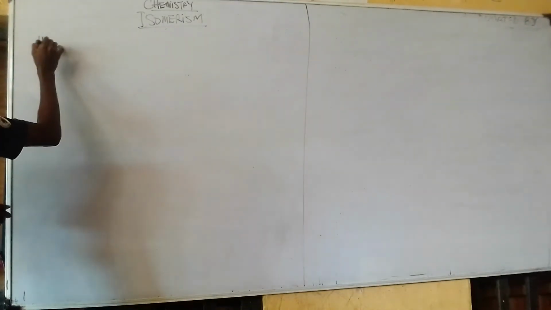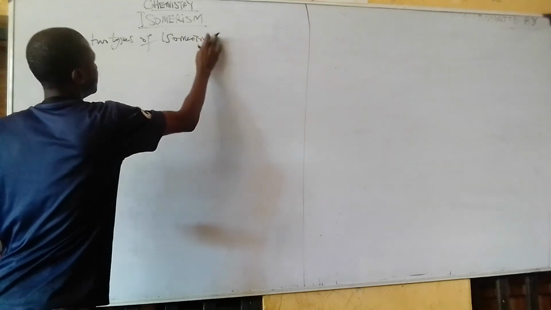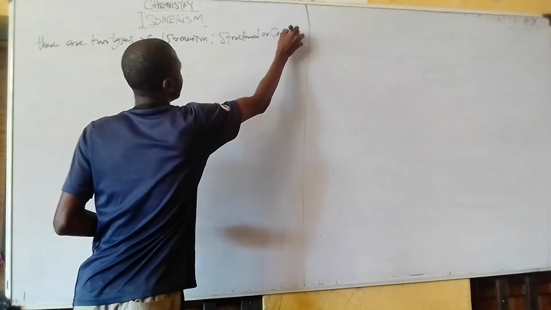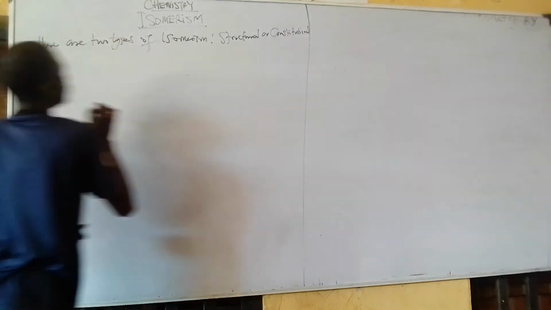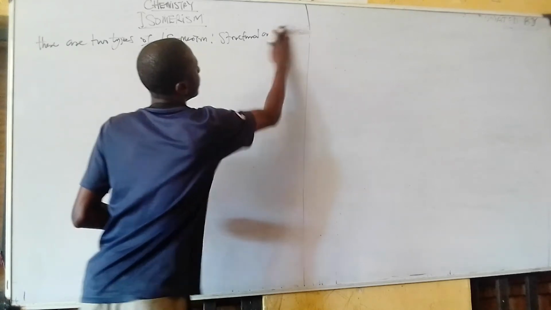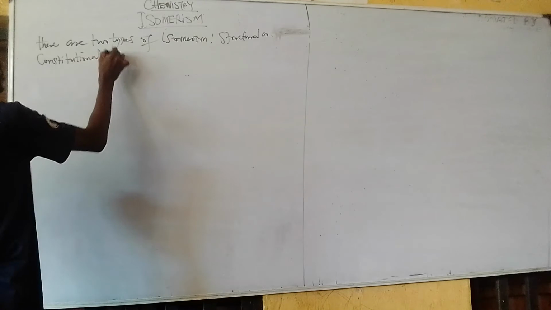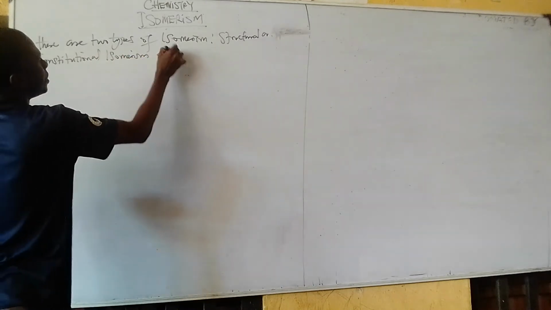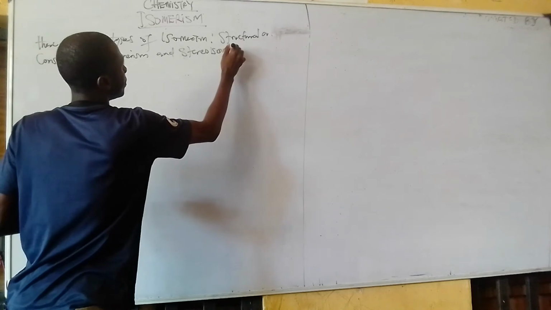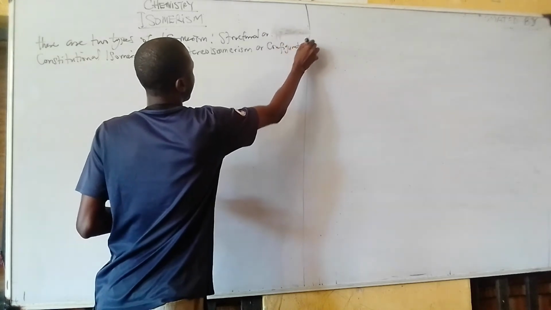What are the 2 types of isomerism? They are structural or constitutional isomerism, or configurational isomerism.